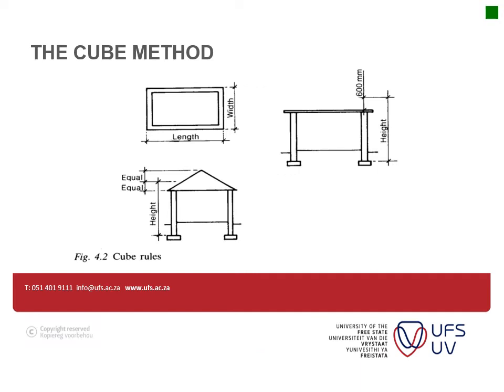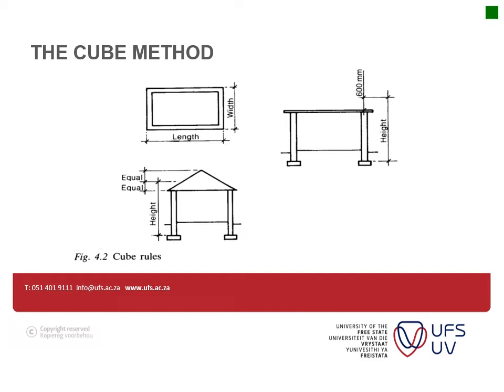Okay, then the cube method, I think this is the one that I got the most questions on, and the main thing about this is you will see in your appendix 1 and I think it's appendix 2, you will see there's a little section of reading work, and this is actually how the formula works. So there's two options with regard to your cube method.